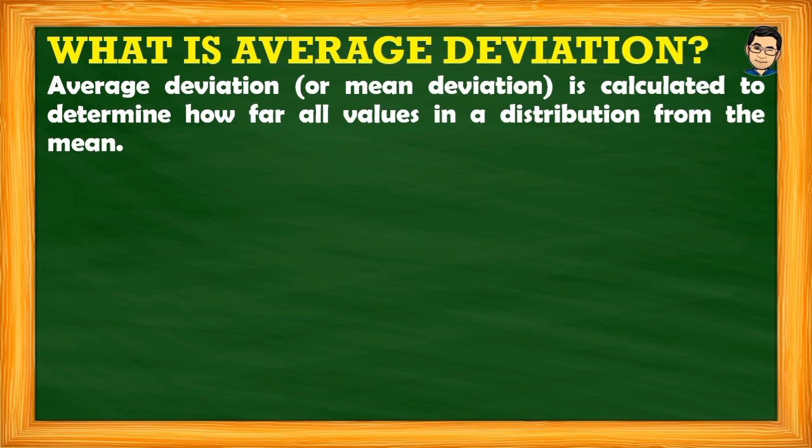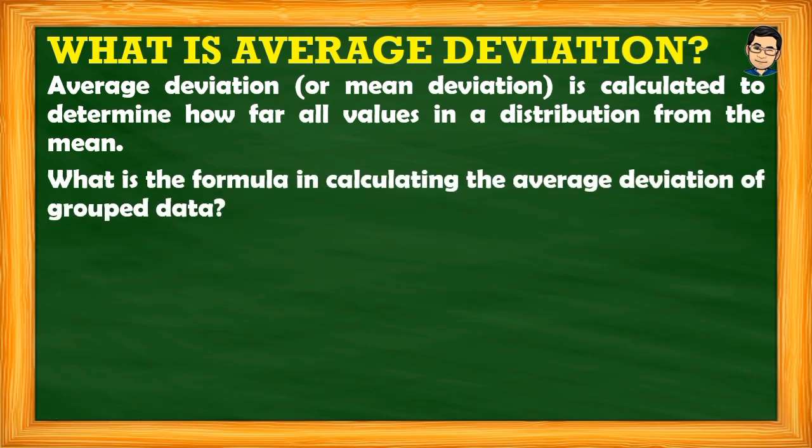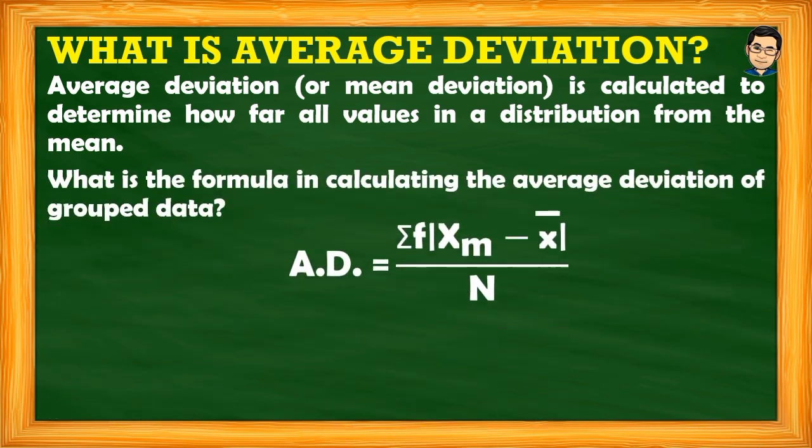Here we look at how far the individual scores are from the mean. Since we are talking about grouped data, this is the formula. Average deviation is equal to the summation of the product of the frequency and the absolute difference of the midpoint and the mean, all over n.